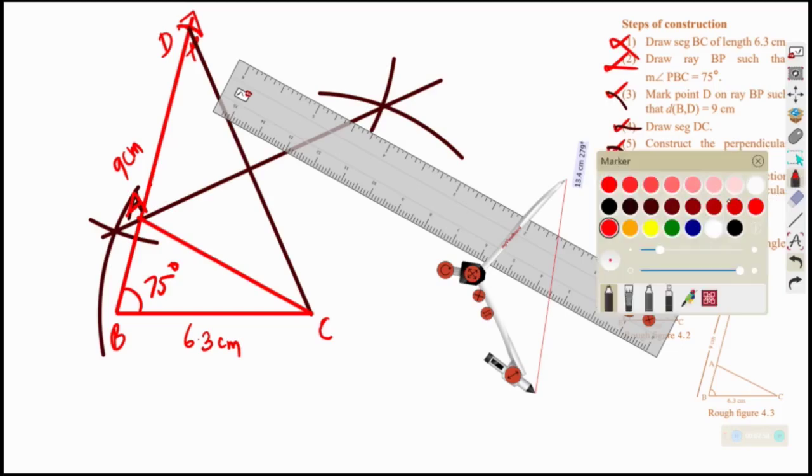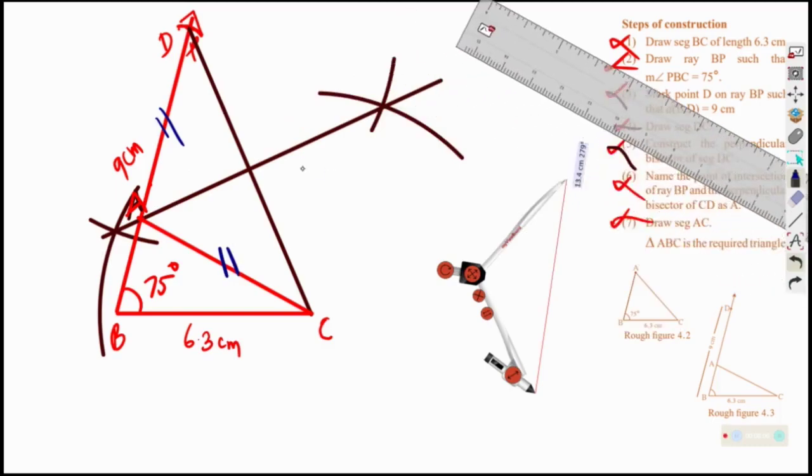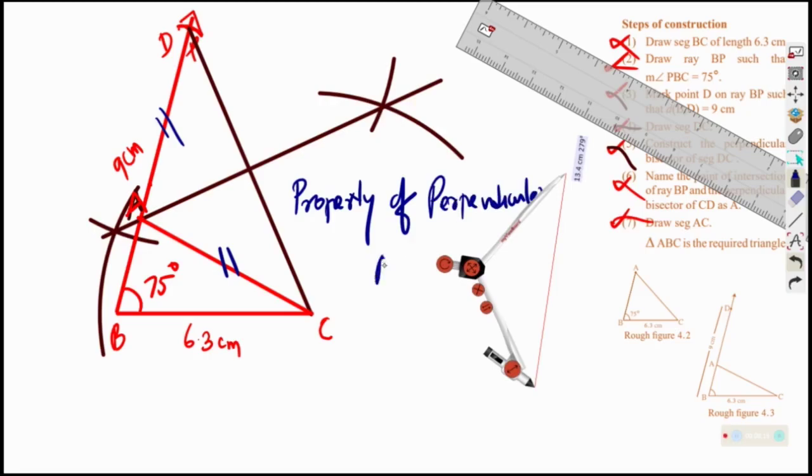So we have completed the construction. Only I need to explain something to you. The sides AD and AC are congruent because those are lines reaching from the point on the bisector to the endpoints. That property of a perpendicular bisector is perfectly used here in order to draw this triangle.